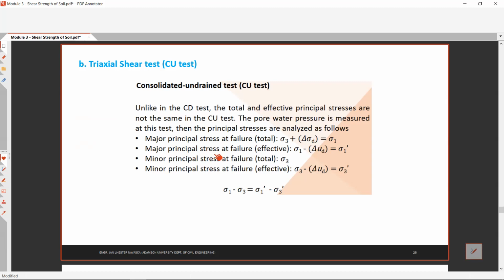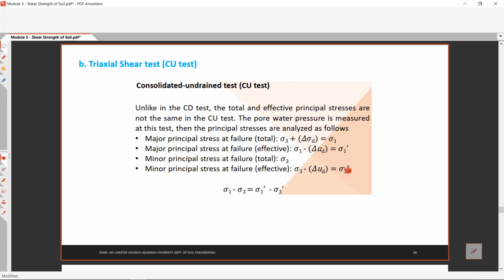Then the major principal stress at failure based on effective stresses, your sigma 1 minus the change in pore water pressure, is equal to sigma prime 1. Okay, the minor principal stress at failure is sigma 3, and the minor principal stress at failure based on effective stress is sigma 3 minus the pore water pressure, that is equal to sigma prime 3.